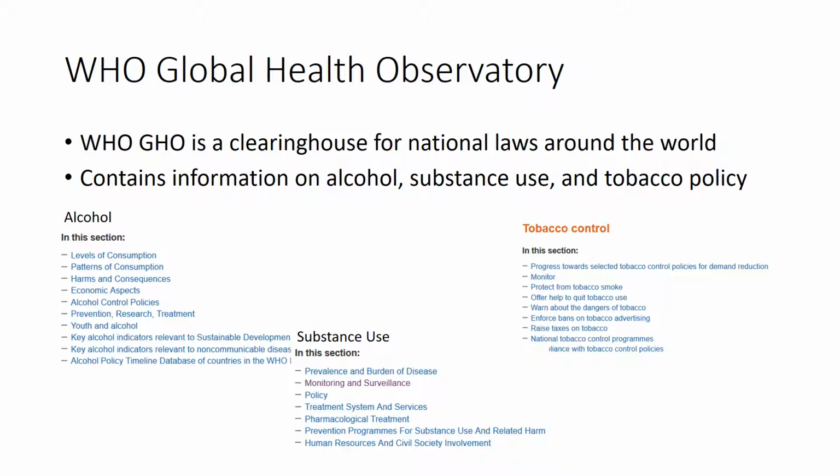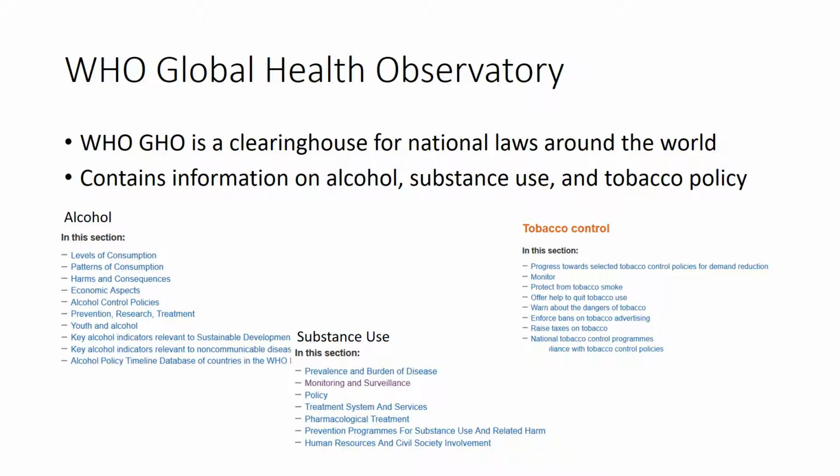And finally, all of those systems were at the state level here in the United States. With the World Health Organization, with their Global Health Observatory, they're essentially doing the same thing, but at the national level. They've created this clearinghouse for national laws around the world, and it contains a lot of information that can be very useful in addiction science.